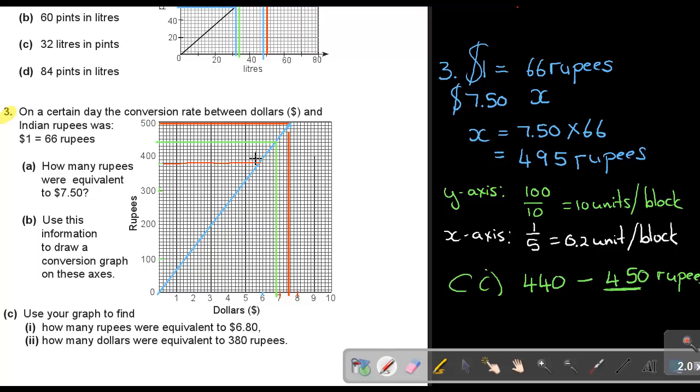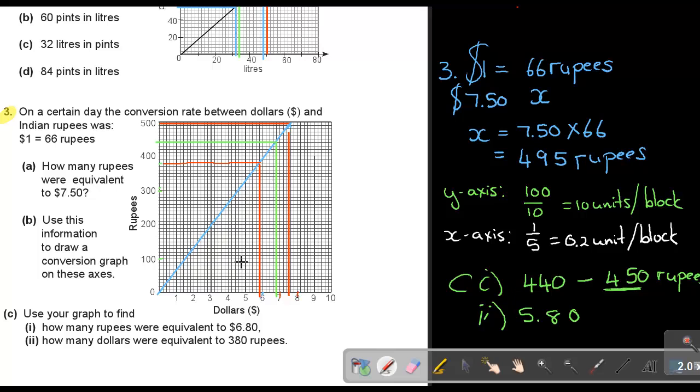I didn't take a ruler, but I think it's on that line. And then take a ruler and go to this line. And again, remember this is comma 2, so it's 5, 2, 4, 6, 8. So this one is going to be 5.8.